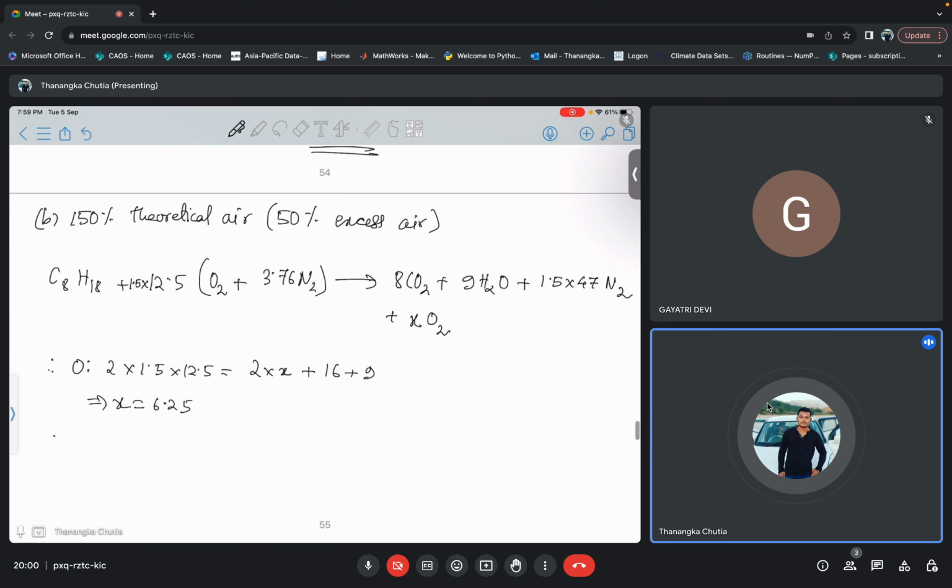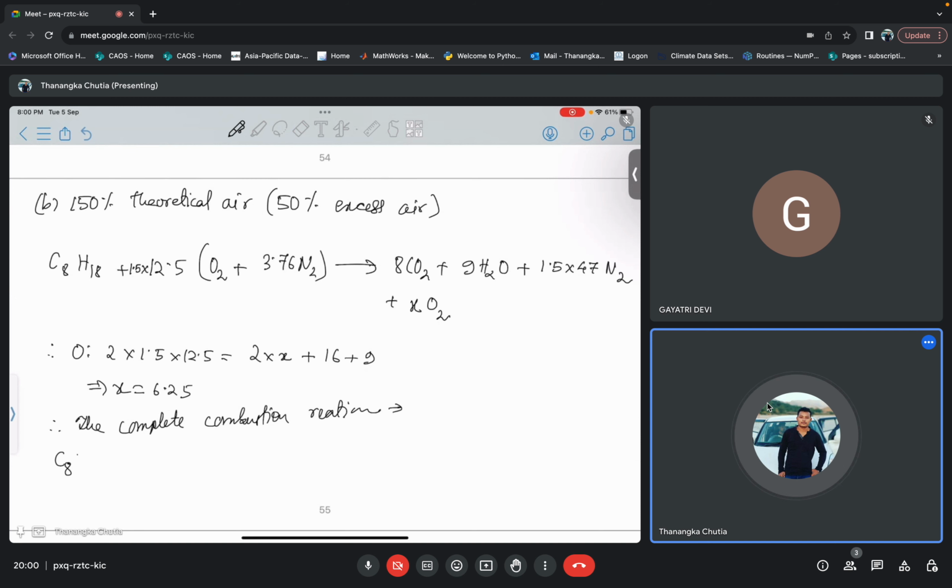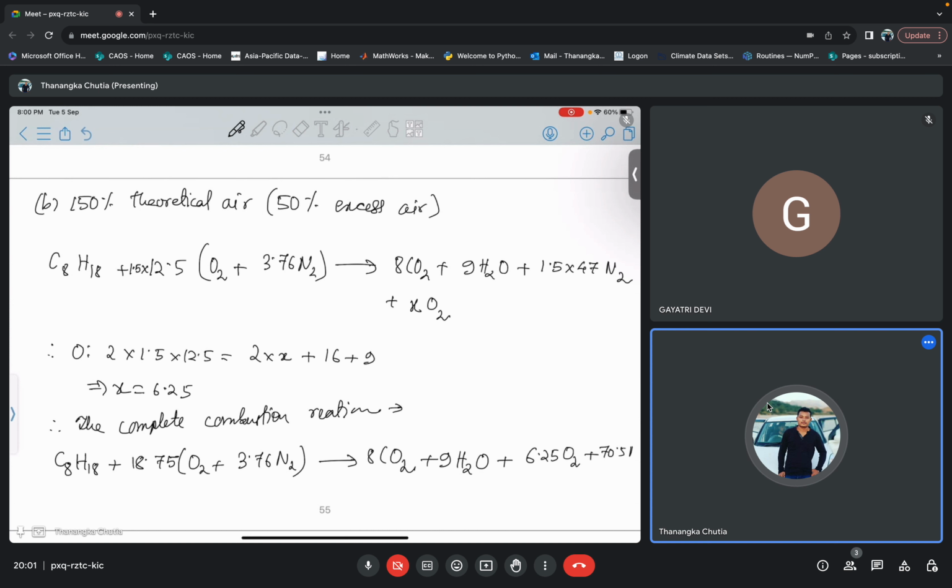So therefore the complete combustion reaction is what? C8H18 plus 18.75 O2 plus 3.76 N2 gives 8 CO2 plus 9 H2O plus 6.25 O2 plus 70.5 N2.